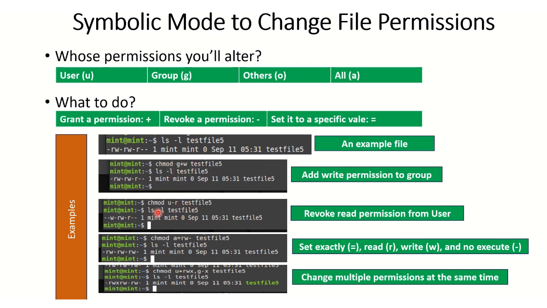If we revoke read permission from user, we use U minus R. Then if we assign read, write and no execute permission to all, then we assign A is equal to RW. We can also change multiple permissions at the same time by combining them with comma symbol.